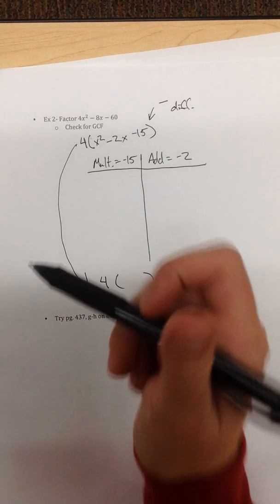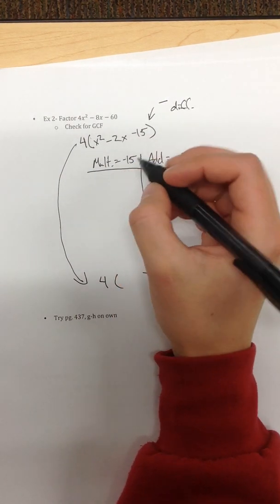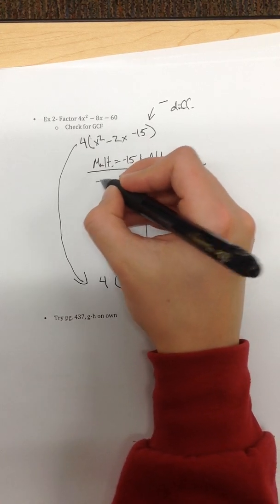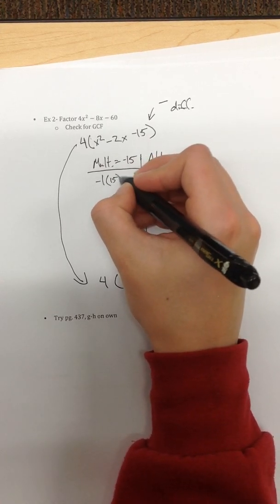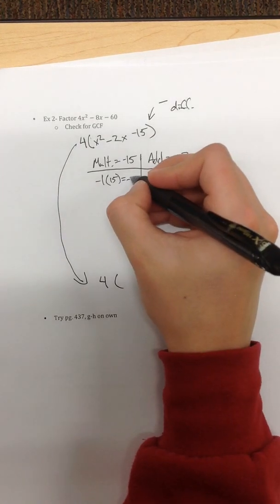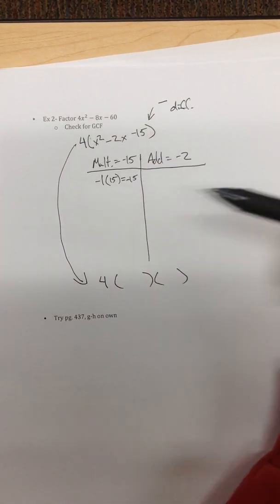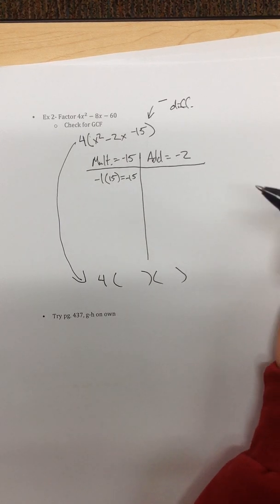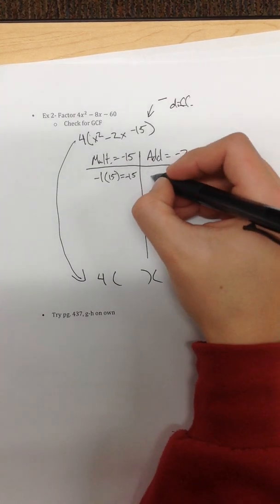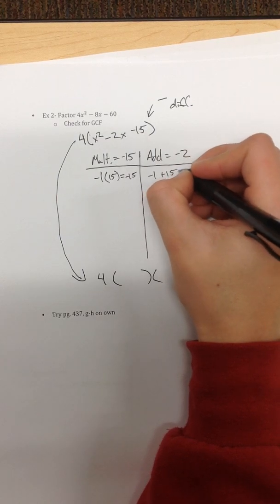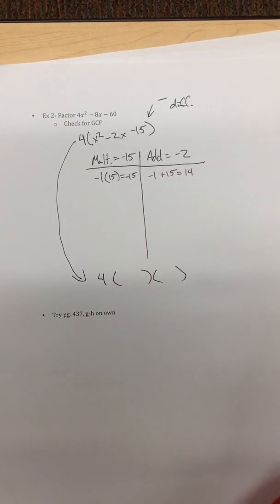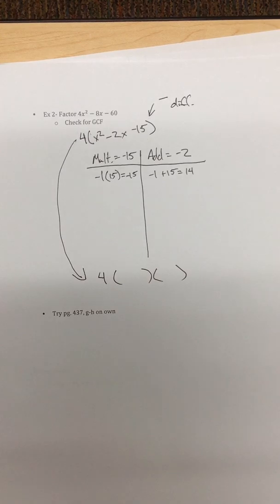Okay, because if I show you here, if I did something that multiplies to be 15, like -1 and a +15, when I multiply those, I get a -15 because they've got to have different signs, a positive and a negative. But now when I add these, -1 and +15 is going to come out to be a positive number because the bigger number was positive.